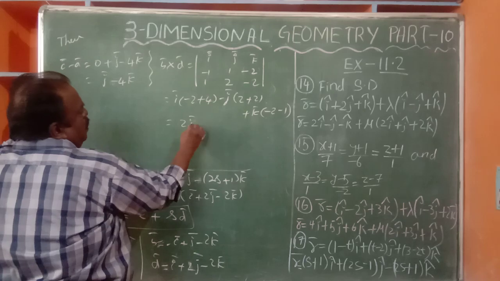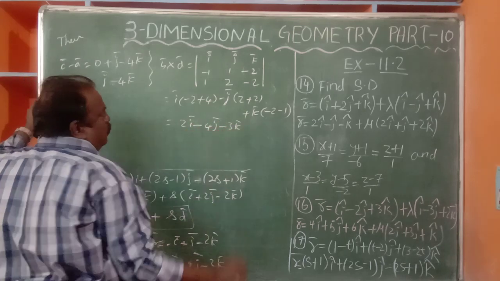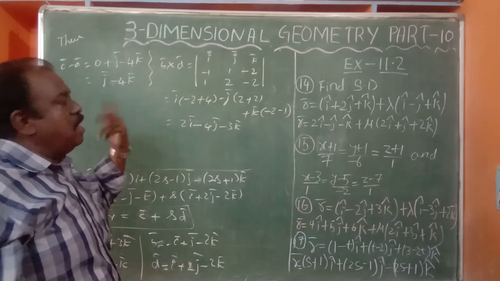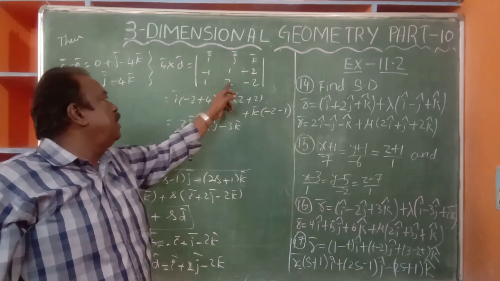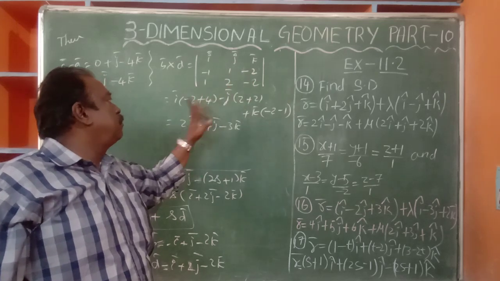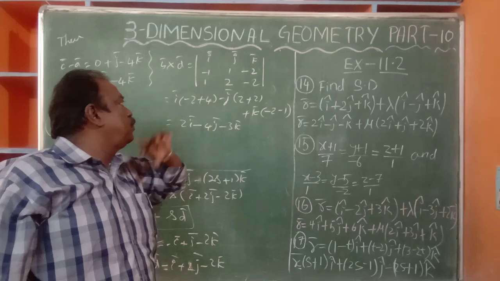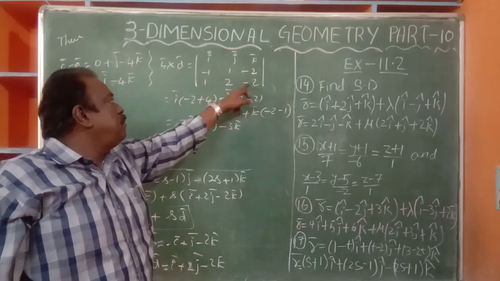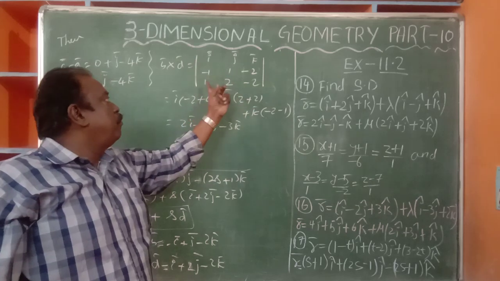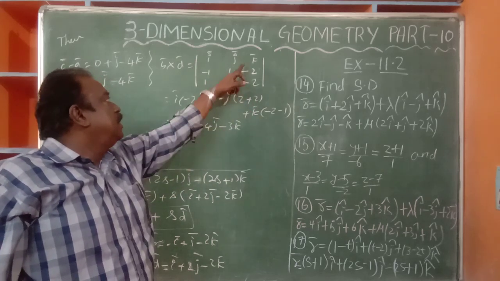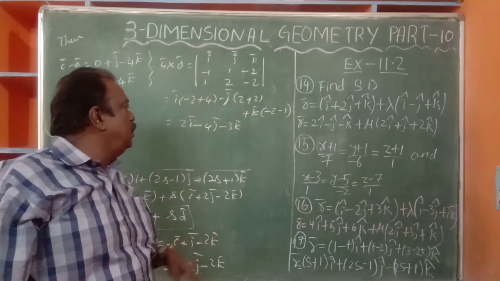It is 2i minus 4j minus 3k. This concept is in the vectors. Be careful with the signs in each minor.